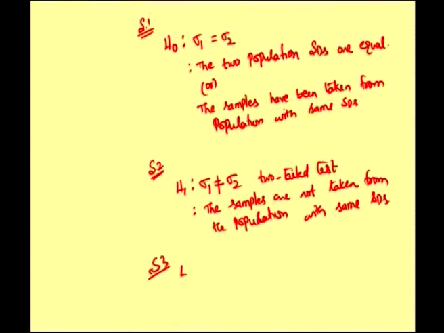Next, the level of significance fixed is 5%. Then step 4 is the calculation part, where we calculate the Z value using the formula for the test of equality of standard deviations.